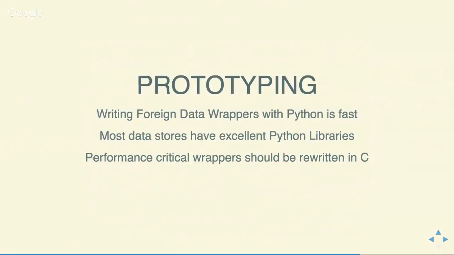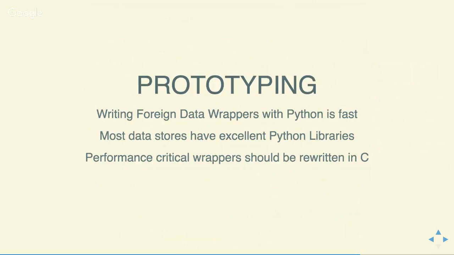Now, like I said, C is always going to be the fastest foreign data wrapper API. Python can provide you with a very quick way to implement a foreign data wrapper so that you can evaluate if it is appropriate for you. Secondly, you should think about if the code that you are writing is really the slowest part.